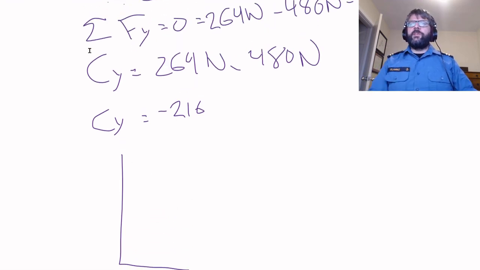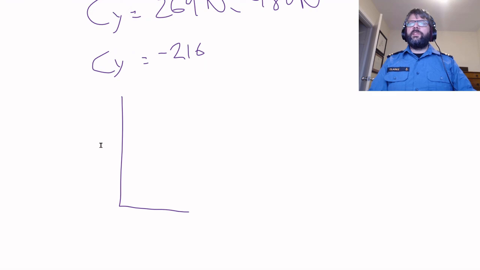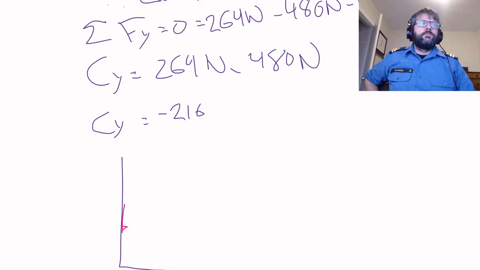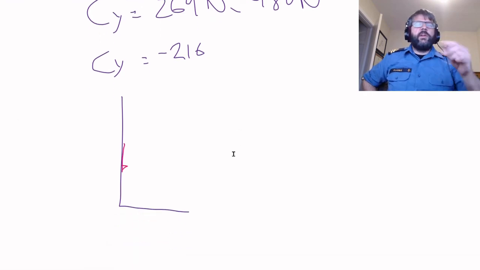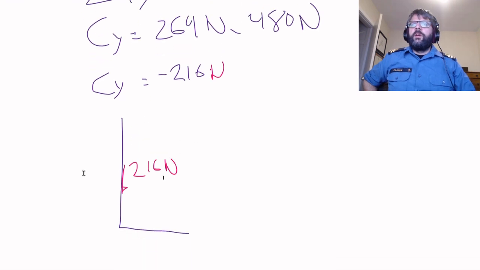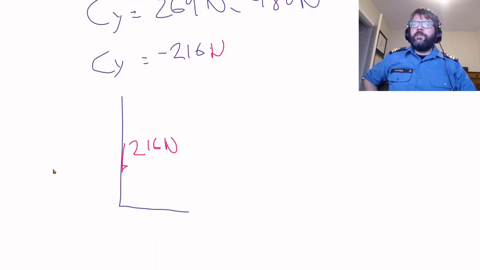And then basically going over to ACE, the opposite happens. So at C, on bar ACE, we've got this downwards force of 216 newtons, and the positive force in the x direction of the 795.